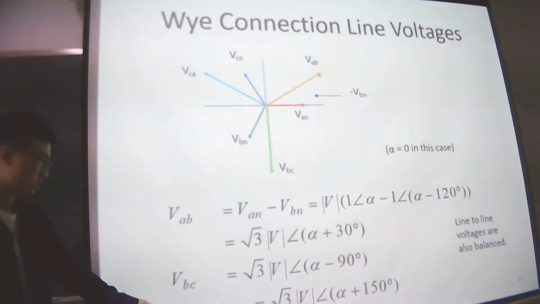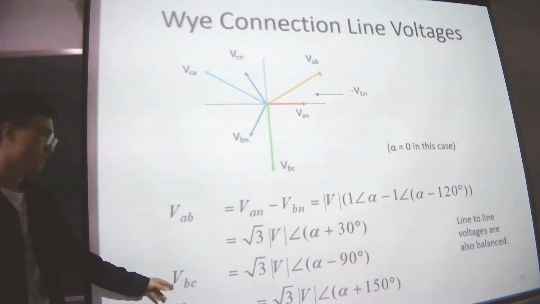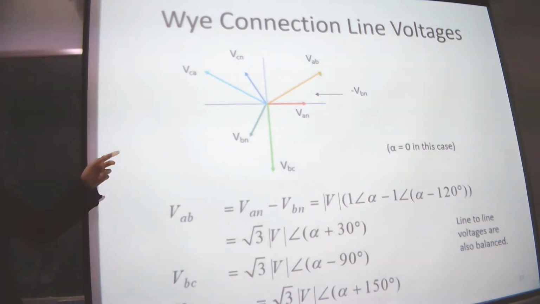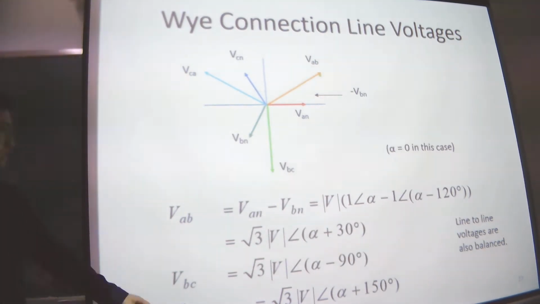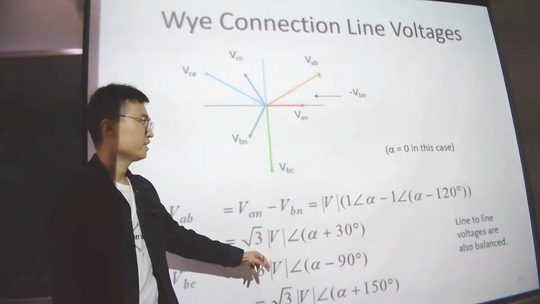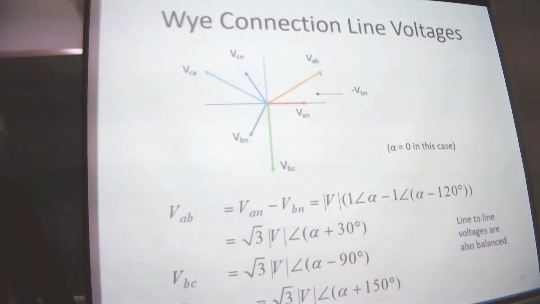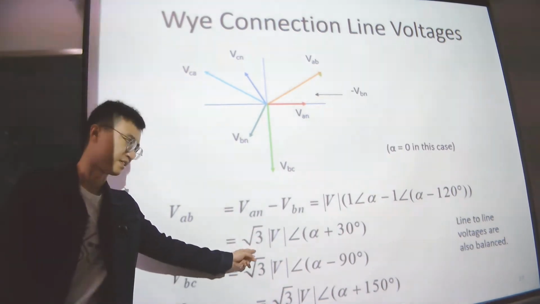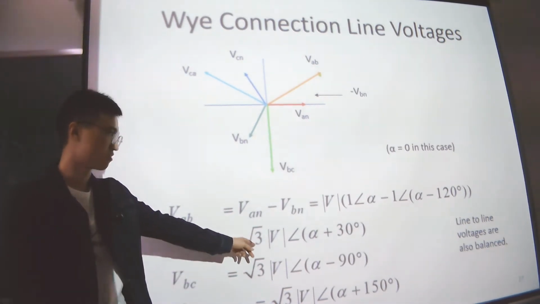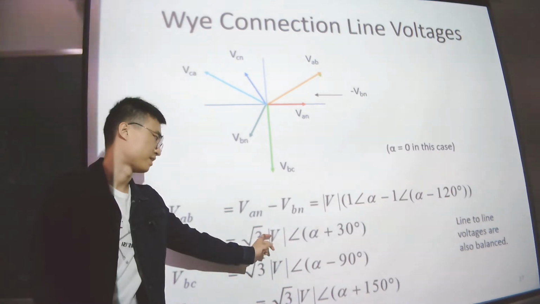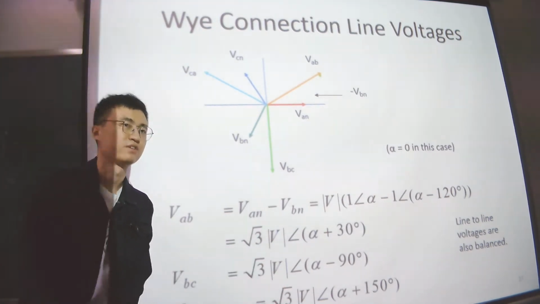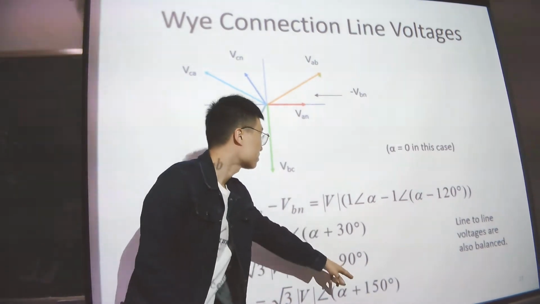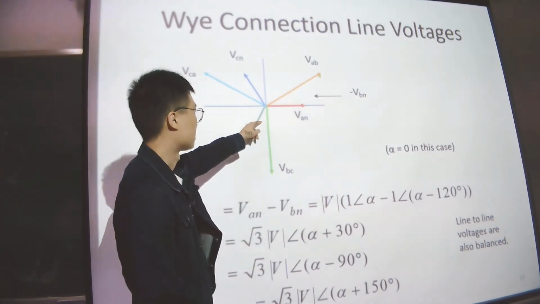And of course, in this system we assume that this is a balanced system, so the phase voltages are all equal to the same value. So for ABC, the line voltage is square root of 3 multiplied by the phase voltage, but with different angles, also with 30 degrees.